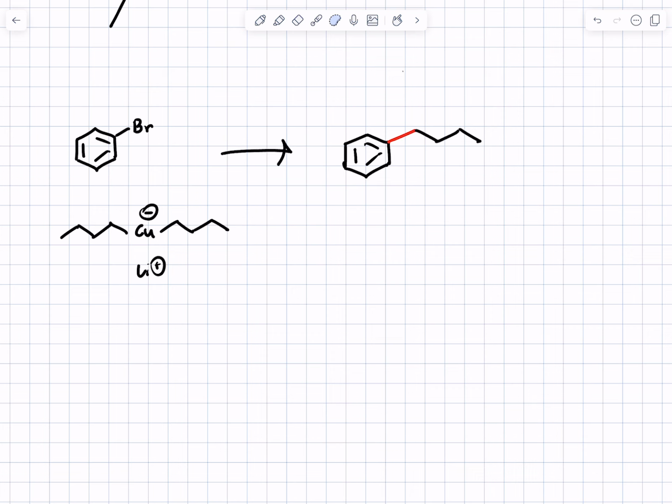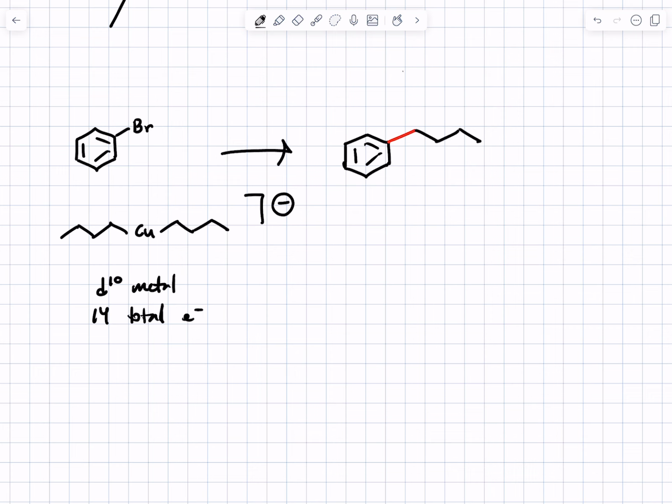All right, so let's view how this works, and I'm going to erase some things. I'm going to redraw copper with the little bracket and the negative charge. You know here that copper is a d10 metal, and you know that it has 14 total electrons surrounding the metal, so you know there's a space for more stuff.